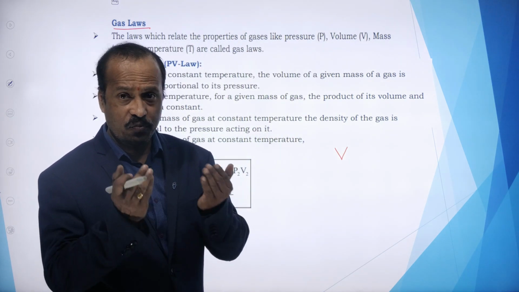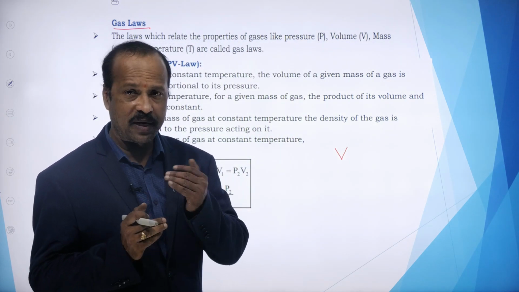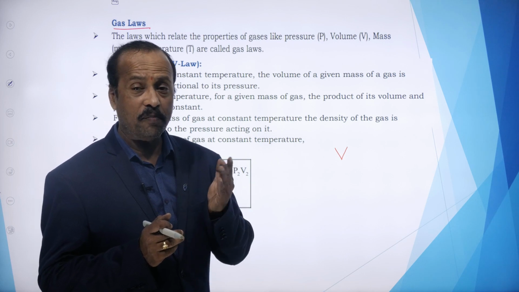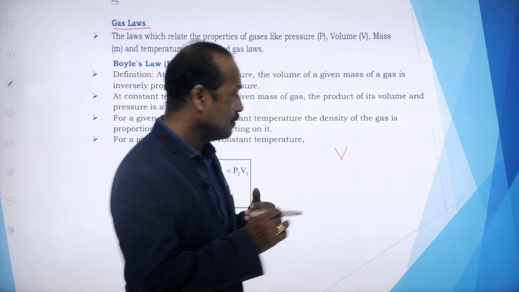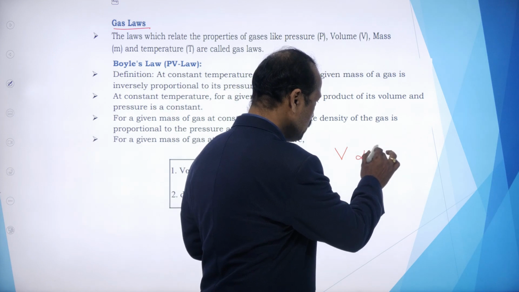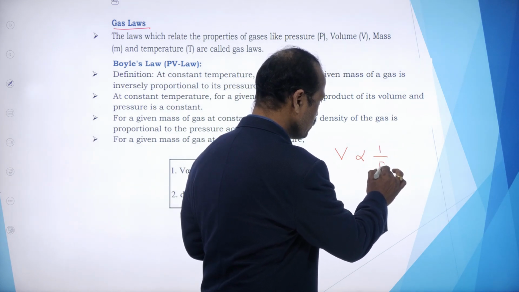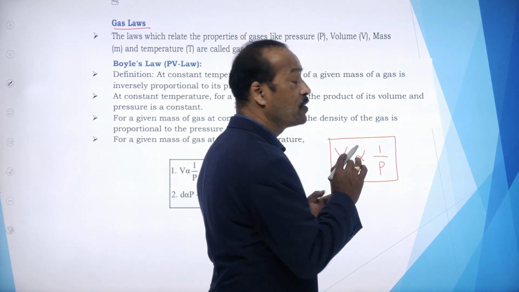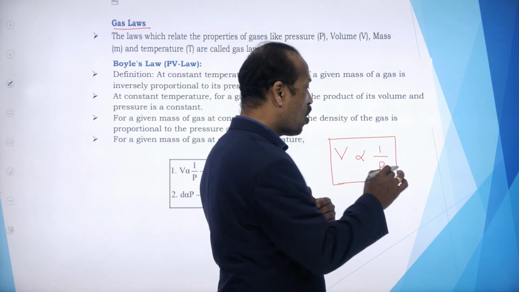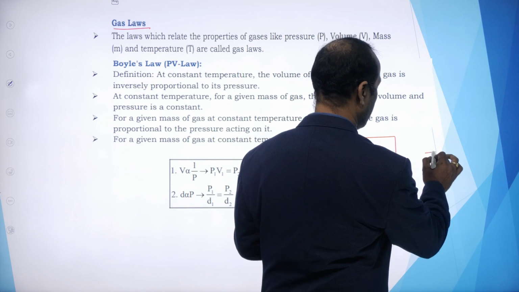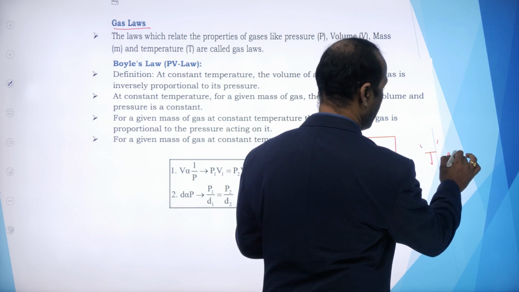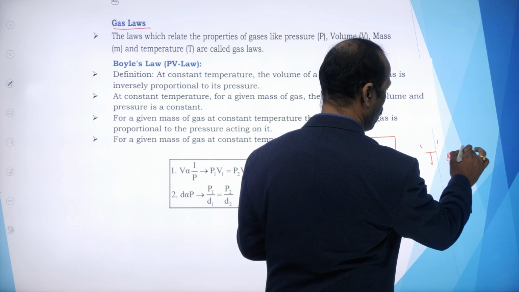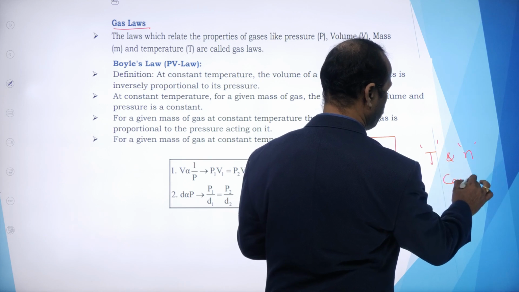The volume of a given mass of a gas, meaning mass is constant, is inversely proportional to the pressure at a constant temperature. So here temperature and mass, instead of mass we write number of moles, are constant.